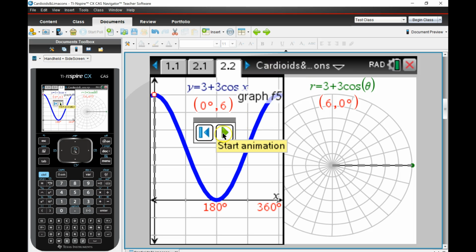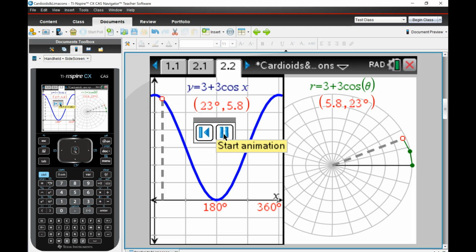So when I start this animation, it's going to trace this cosine graph on the Cartesian plane, and at the same time, draw the graph here. So you see the corresponding points. When theta equals 0, the distance from the x-axis is a maximum. So here the radius is going to be a maximum. All right? And so on and so forth.